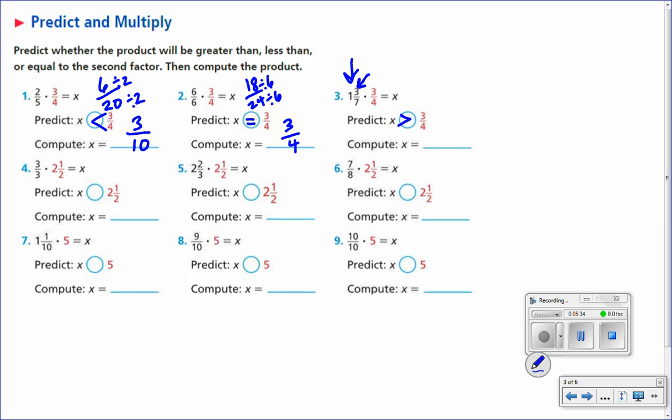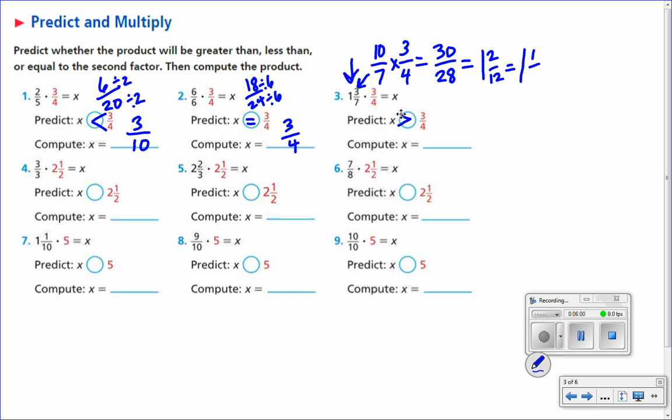Improper fraction, which is 10 sevenths times 3/4, which equals 30/28ths, which equals 1 and 2/28ths, which equals 1 and 1/14.